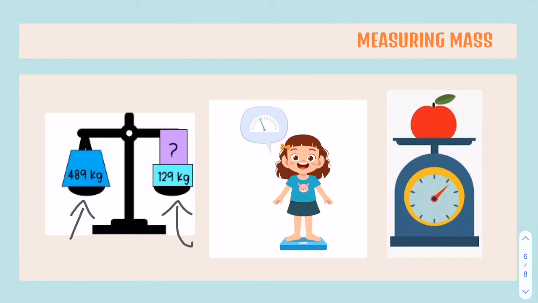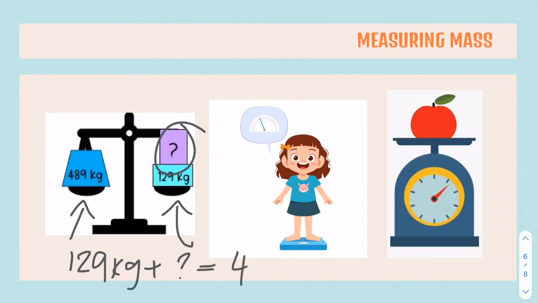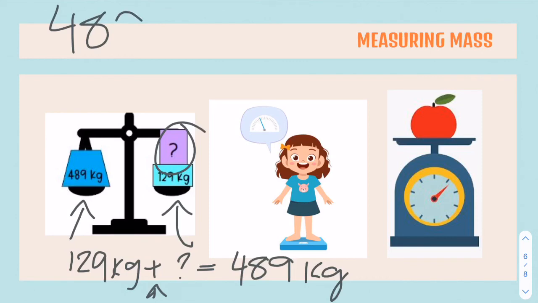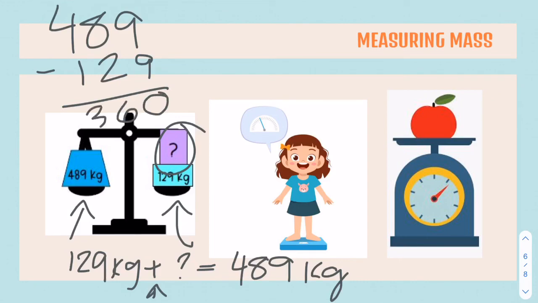So I have 129 kilograms plus whatever this number is going to equal 489 kilograms. We're going to do the opposite of addition, which is subtraction, to get our answer. So you can do 589 minus 129, and you're going to get 360 kilograms.